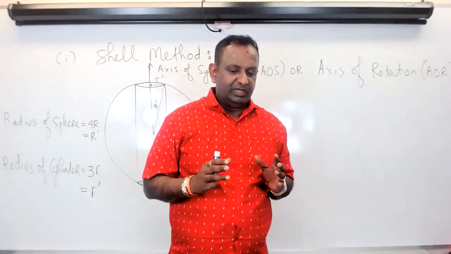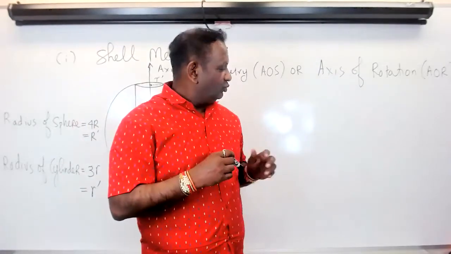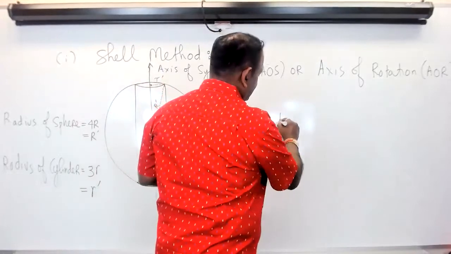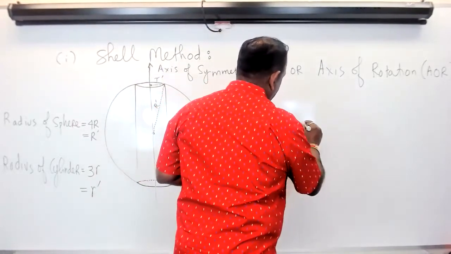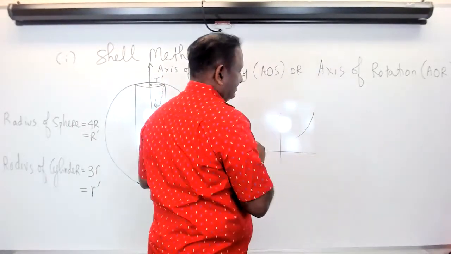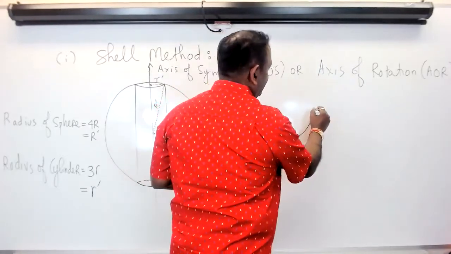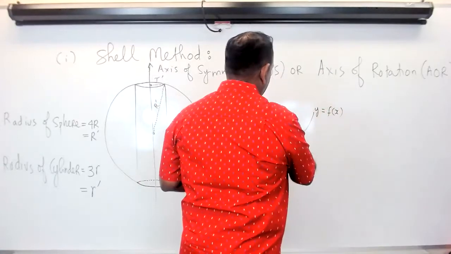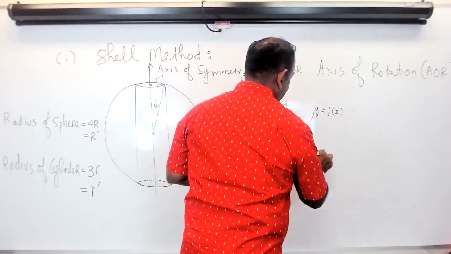We got some kind of area under the curve. Can you remember? The function was given, y equals f of x. This is y, this is x.